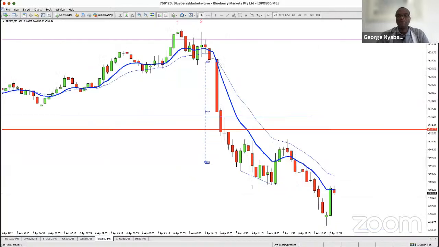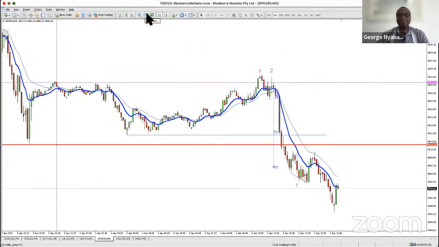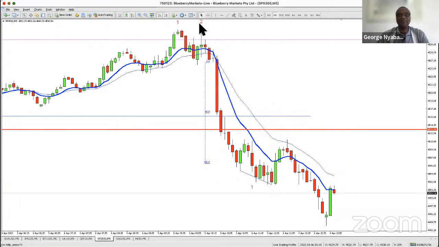S&P 500. Interesting things happen while we're talking. Same kind of thinking that we had. That was my top, a test of the open of the day. And 6 candles later, that was number 2. And I was pretty happy with this.